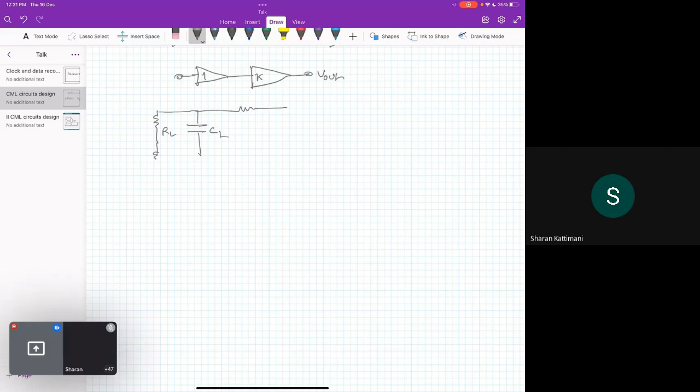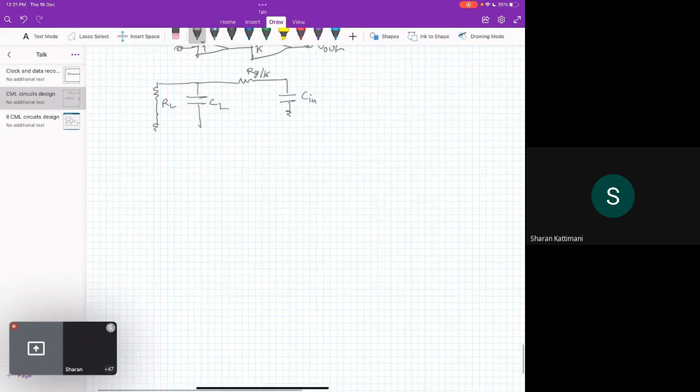So here assume that because of the large size of the transistor, the input resistance will be divided by K, and there will be some input capacitance. Okay, so now let's try to find the time constant. The time constant will be tau 1 plus tau 2.